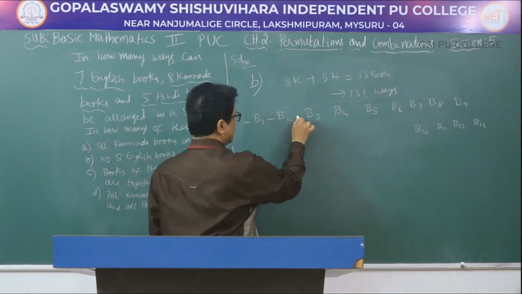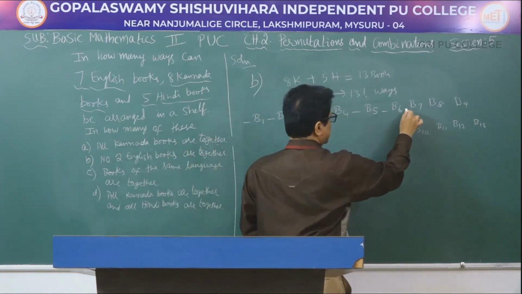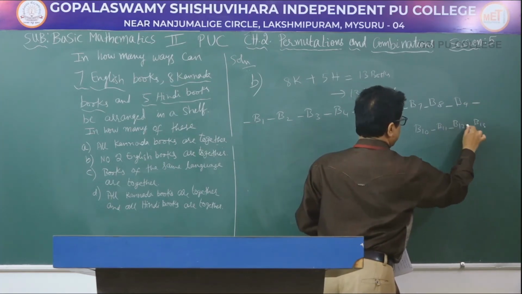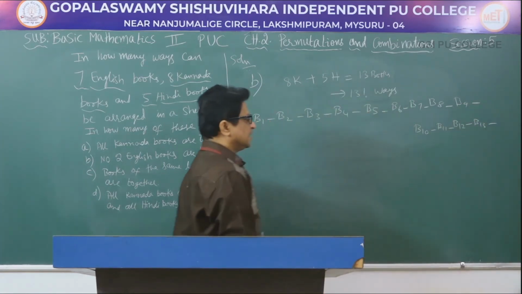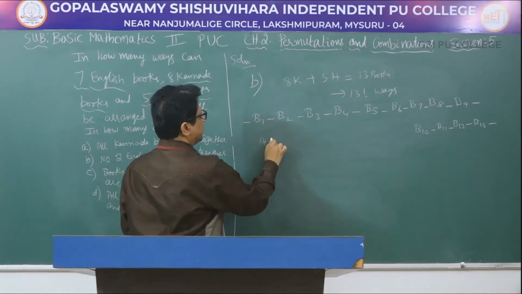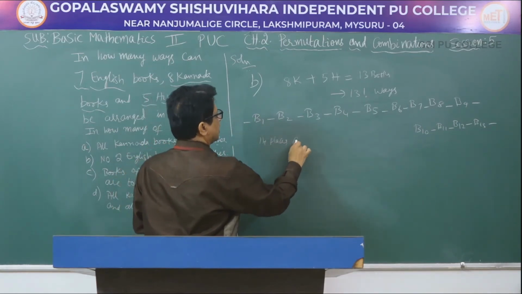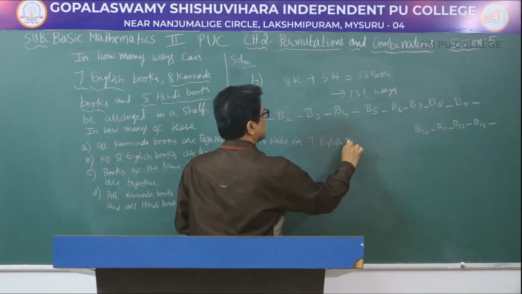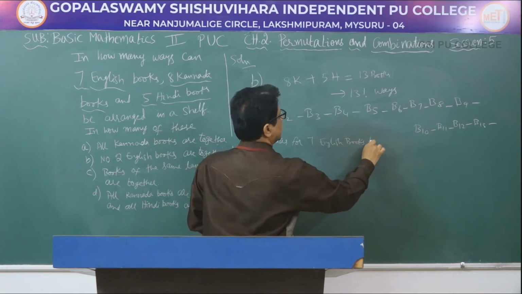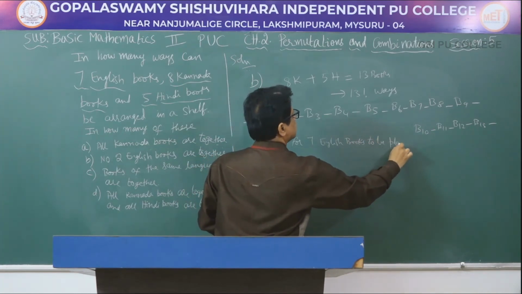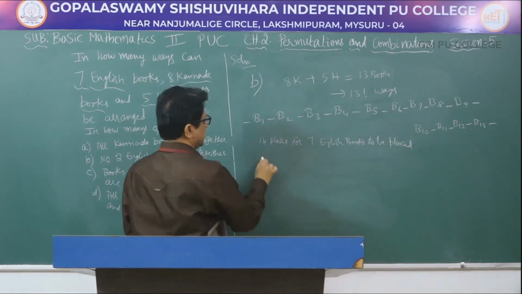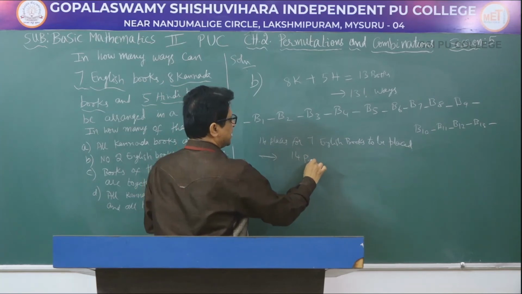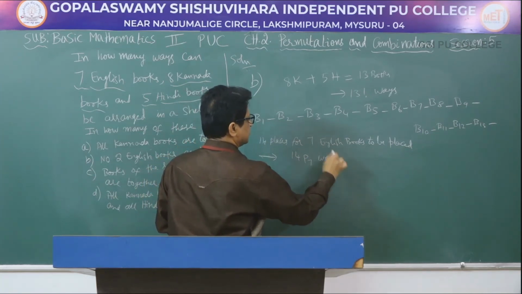That is 1, 2, 3, 4, 5, 6, 7, 8, 9, 10, 11, 12, 13, 14. So, there are 14 places for 7 English books to be placed, and this can be arranged in 14P7 ways.